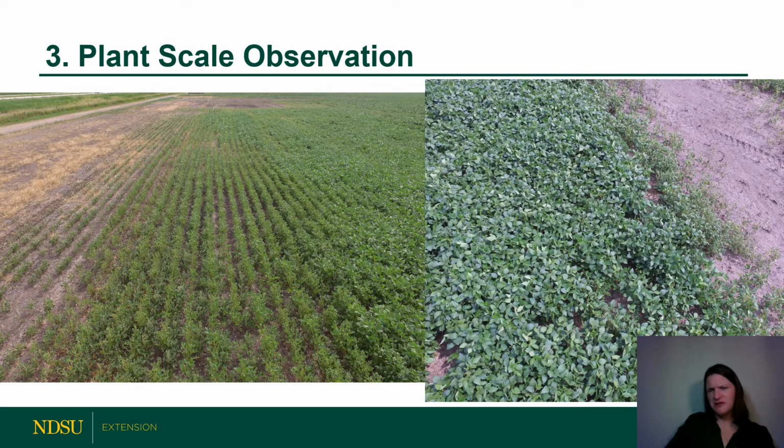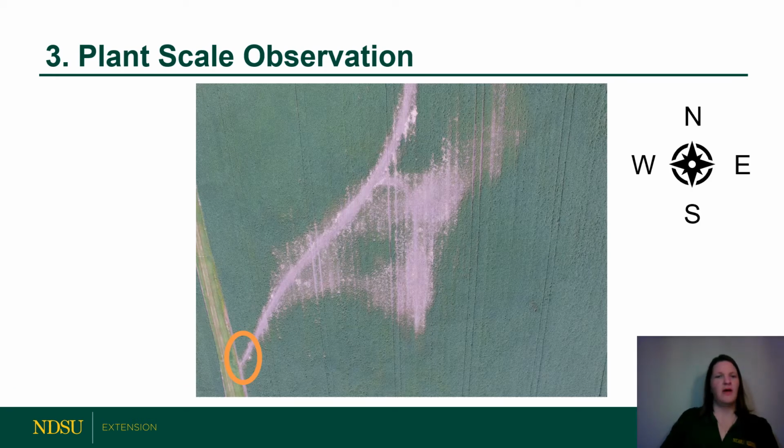Something looks off here. Orienting yourself to these pictures, we're going to really focus on this area, because as we're driving down this lane we're looking and thinking, oh, something looks different here.